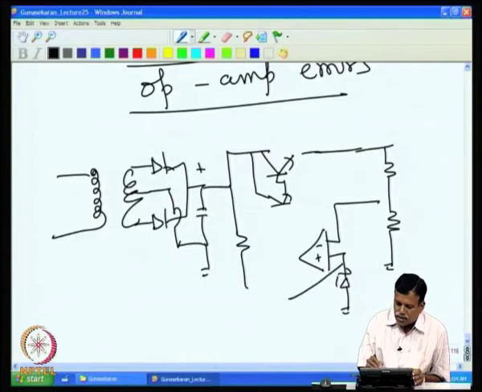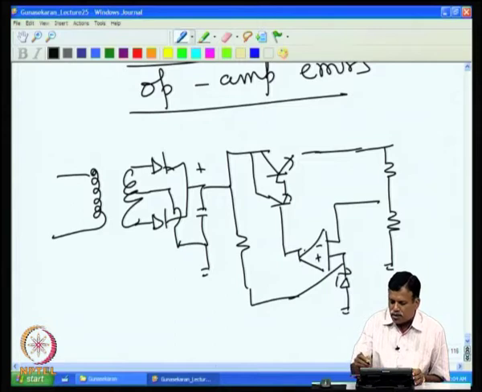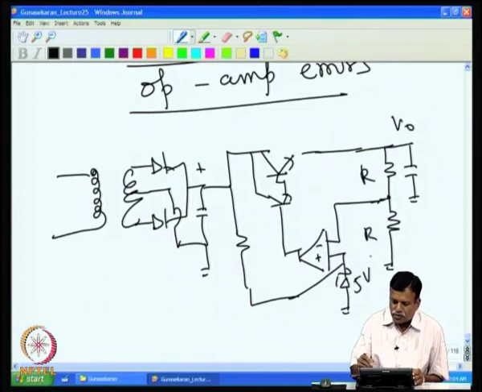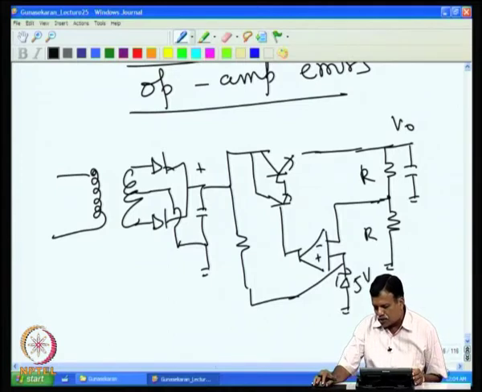So, we connect this, then this. This is a voltage regulator and this is the output voltage. If these resistances are equal and this is 5 volt, then the regulator output voltage is 10 volt.